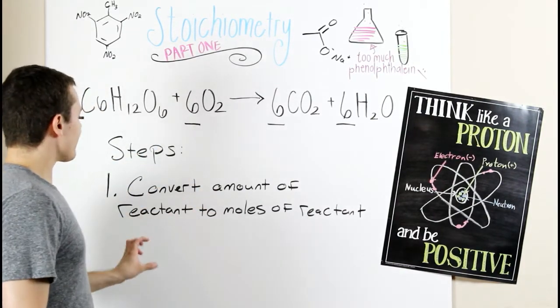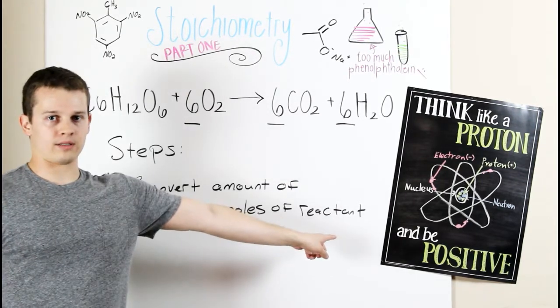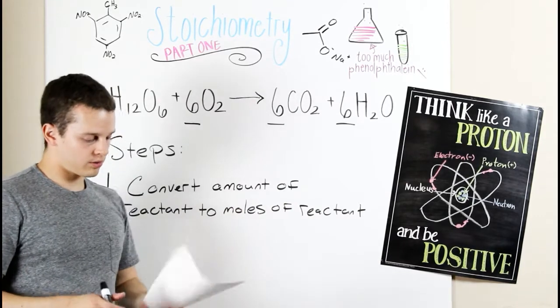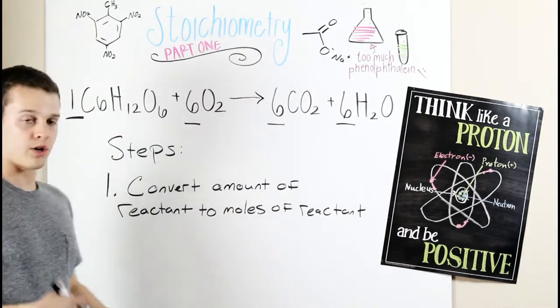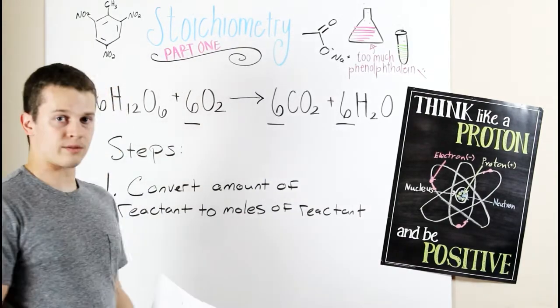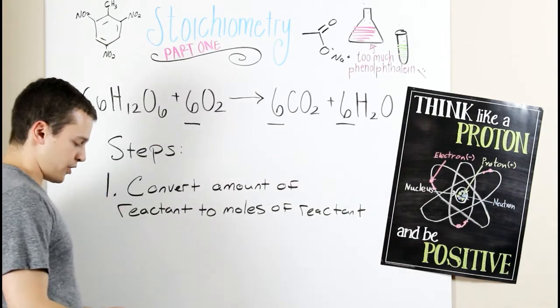We want to convert whatever that is to moles of that reactant. So, for this example, we're going to convert grams of glucose to grams of CO2. This is going to be a mass-to-mass conversion that we're going to be looking at here, but we'll get to that in just a few.